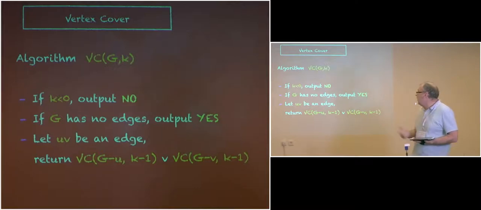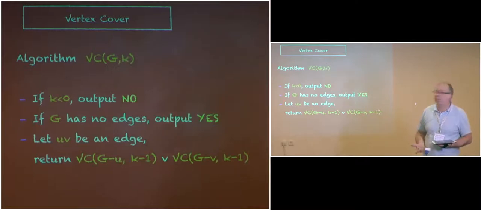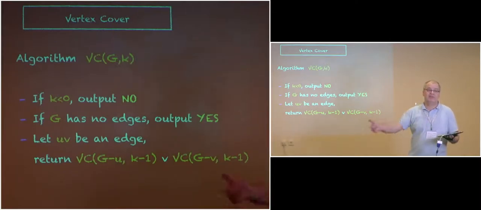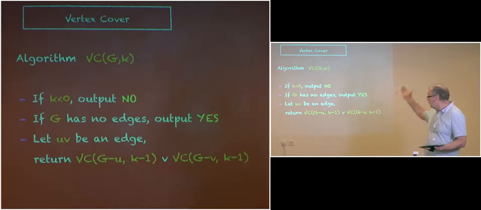Or the third possibility: if I have an edge, I branch on this edge. I consider two subproblems. In one subproblem, I put one endpoint u of the edge in the solution, and in the second subproblem, I put the second endpoint of the edge into the solution. So I branch into two subproblems, and I also decrease the parameter by 1, because I'm using my budget to put this vertex into the vertex cover. This is just a recursive algorithm.